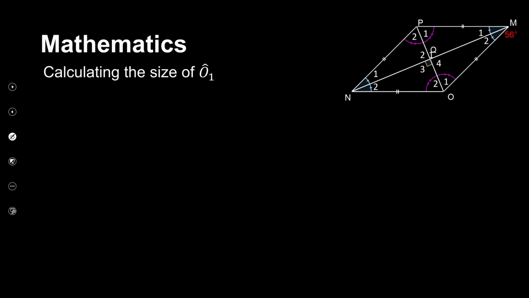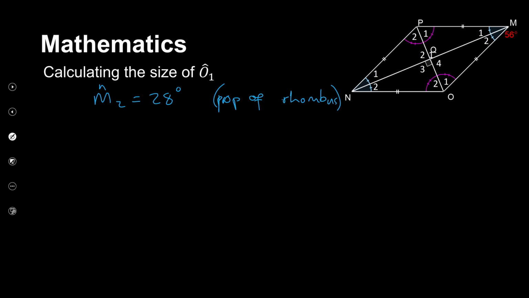So to find what O1 is, I will start first by saying M2 is equal to 28 degrees. And my reason for this will be properties of a rhombus, right? Properties of a rhombus.